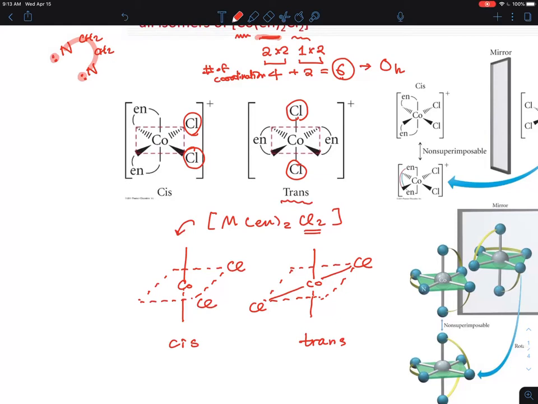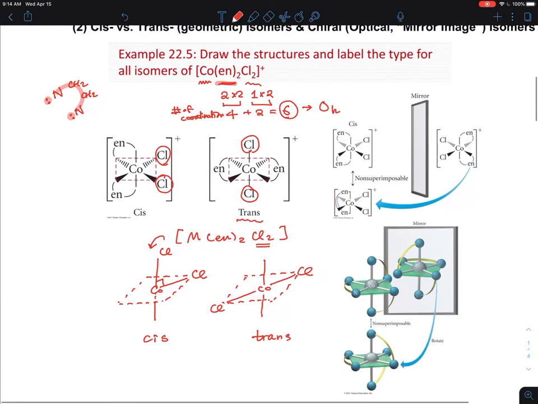I will put a different example of the cis isomer here. If somebody put a chlorine here and here, you can see that they are essentially at a right angle, right? This is an example of the cis, as well as what is shown up here. You can look at your slide.